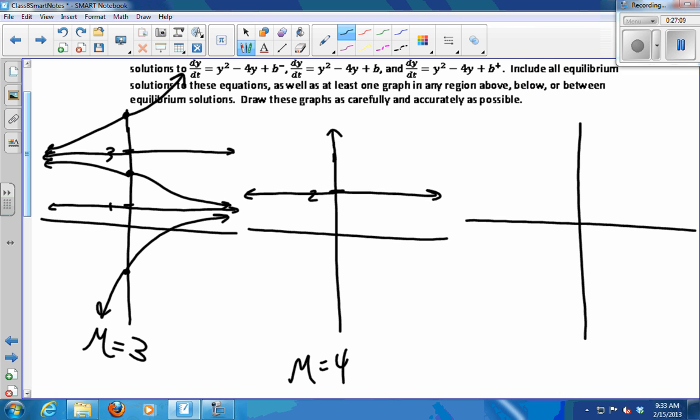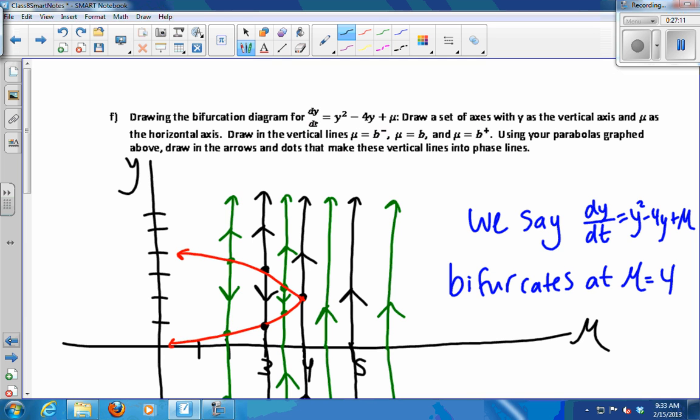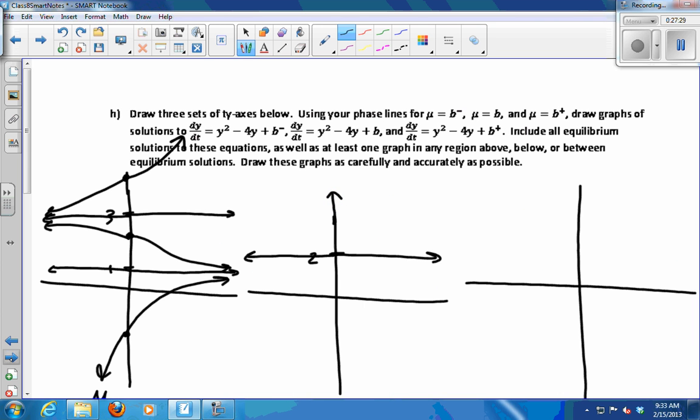And my function was always positive, so my solutions will be always increasing. So they're going to approach 2 from below and go away from 2 when I'm above. So if I have an initial value down here, they have to approach 2, sorry, I keep saying 4, and go away from 2 if I start above.